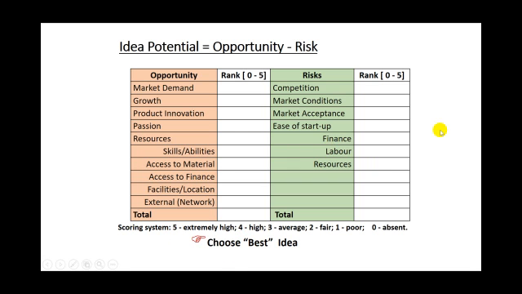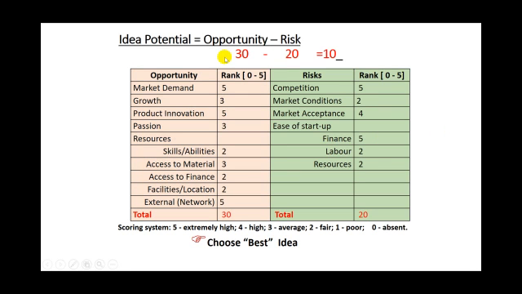So let's look at the table, a filled out table, to see what it looks like. Let's say for a given idea, we put some random figures here where each of the elements was scored 0 to 5. So you take the column of the opportunity and you add everything and you total that.